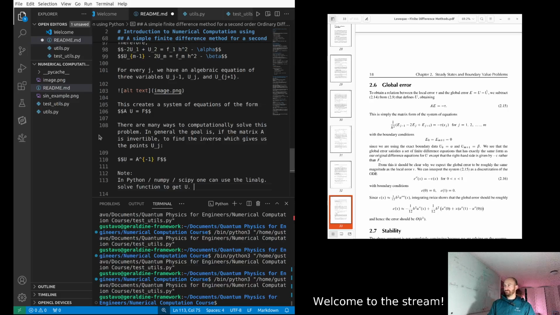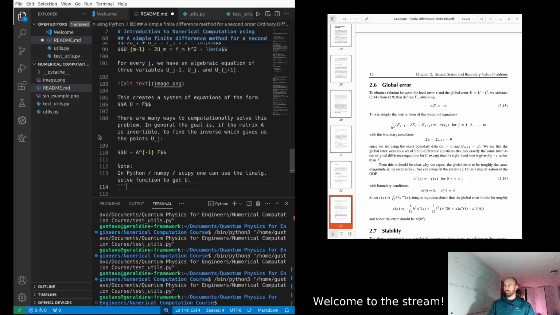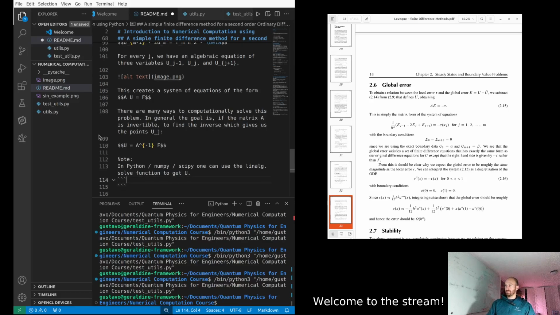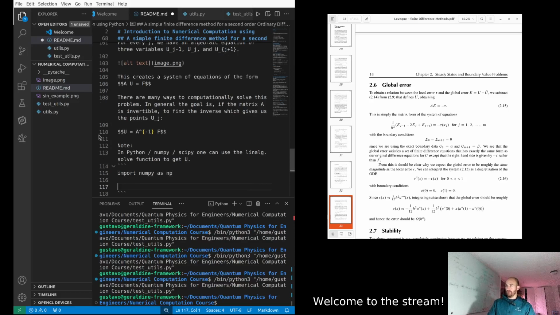So it kind of goes like this. import numpy as np, and then you get np.linalg.solve(a, b), and that returns your vector u.